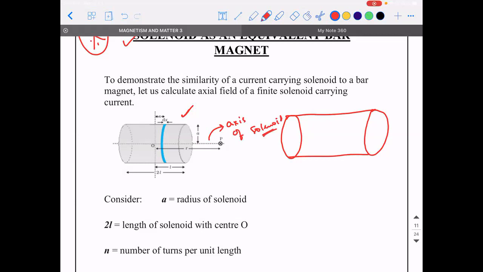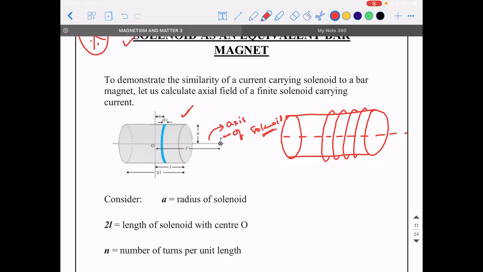On the solenoid, there is a current carrying conductor which is connected in this way, and our job is to calculate the magnetic field due to this kind of a dipole, at any point P on the axis of the solenoid.